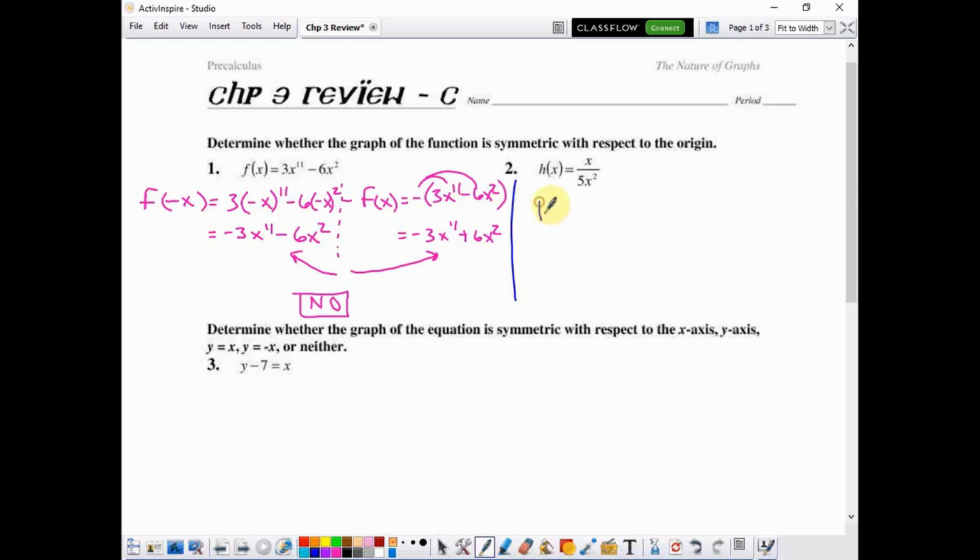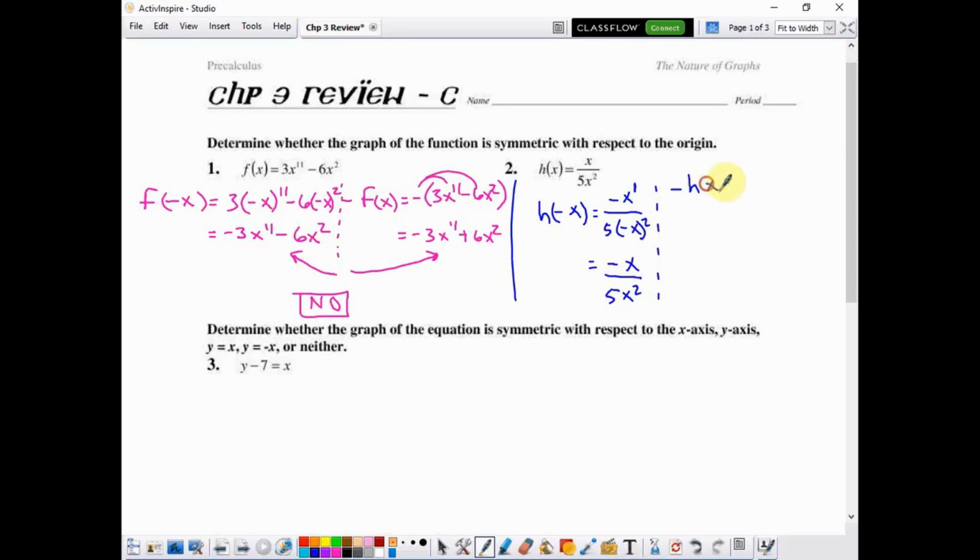Number 2, h of the opposite of x is negative x over 5 times negative x squared. That negative has an odd power, it's the first power, so that negative is going to stay. This negative has an even power, so that's going to cancel it out, so we have 5x squared in the denominator.